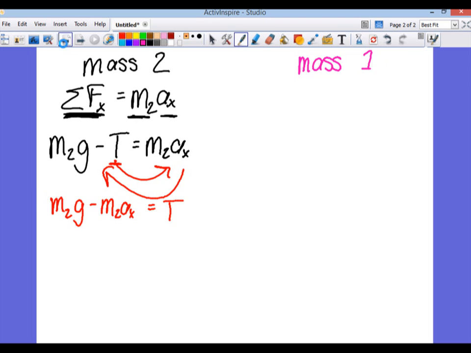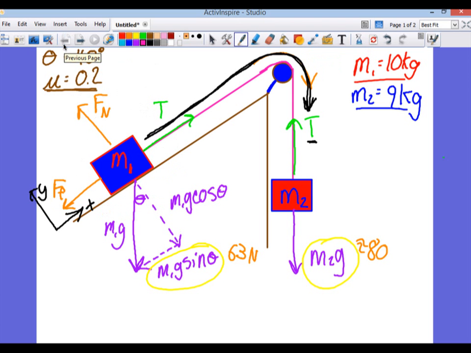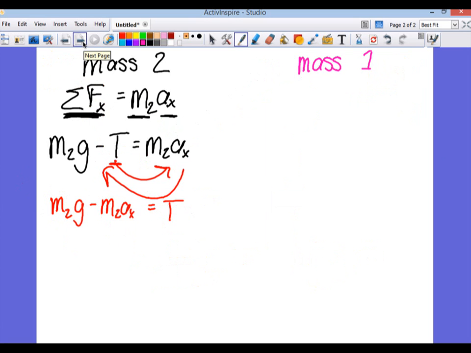And let's look at the sum of the forces in the y direction for mass 1. So anything that points in this plane right here. Let's write this out. The sum of the forces in the y direction equals M1AY.